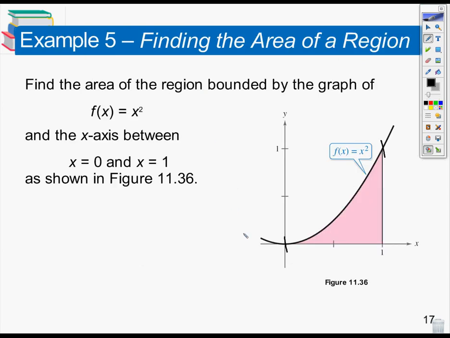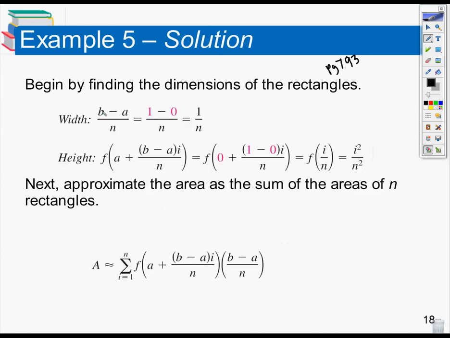I'm lucky on this one because a is 0, b is 1, so I could just say that the width of the entire thing is 1. But let's say instead I was bounded by 0.25 and 0.36. Well, the only way you're going to figure out that width is if you do 0.36 minus 0.25, which is essentially what this is saying, b minus a.